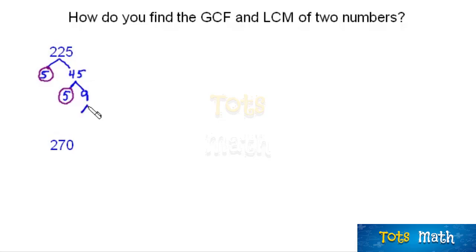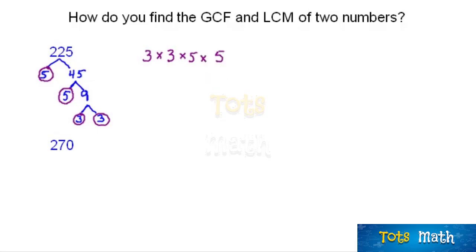We can break 9 down to 3 times 3, and 3 is a prime number. So the number 225, written as a product of prime numbers, is 3 times 3 times 5 times 5.